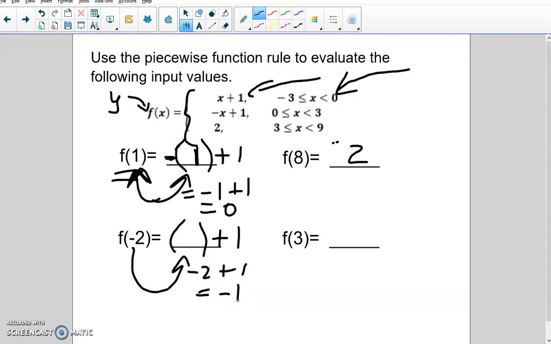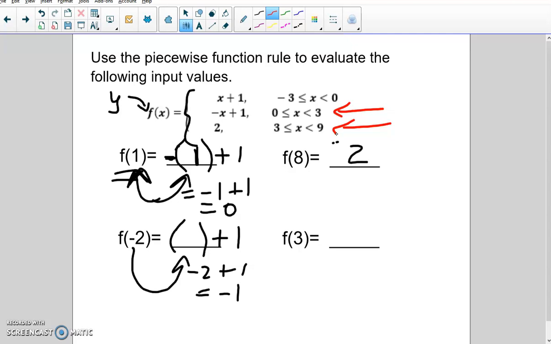Then the last one is the 3. Now, this is the only one in all of the cases that we looked at where it's actually on the boundary. So I see a 3. Let's erase this. So I see a 3 over here, and I see a 3 over here. So which one actually applies? It's the only one with an equals sign that I'm going to use.